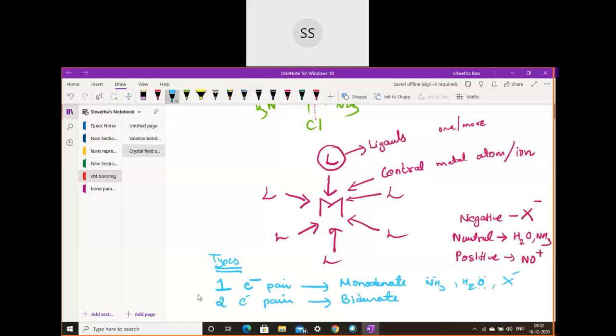If they donate two electron pairs, they are called as bidentate ligand, because they are able to donate two electron pairs. Example, let me give you the example also. For monodentate ligand, the example is NH3, one electron pair, H2O, one electron pair. They can donate, okay. All the halogens will come in this category.